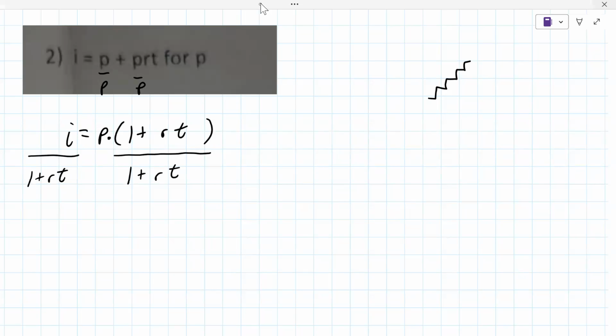And then it cancels. If it's the same on the top and the bottom, it cancels, leaving you with P equals I over 1 plus RT.